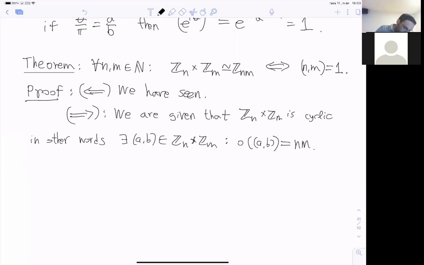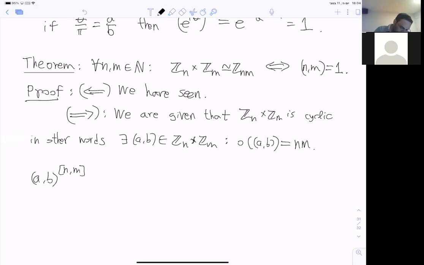So let us take this generator and look at the power of the LCM. I remind you what the LCM is. LCM is the least common multiple. It's the least natural number that is divisible by both n and m.